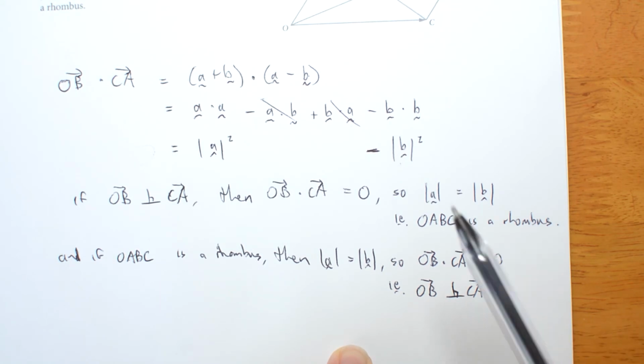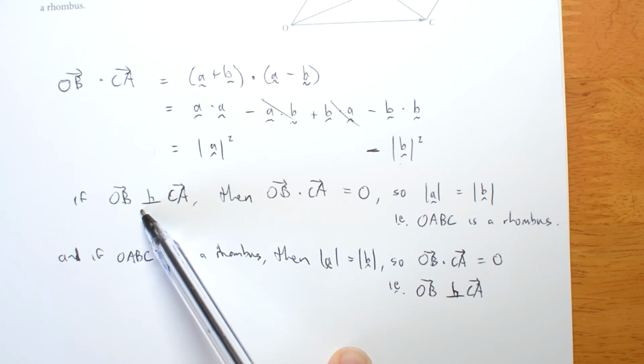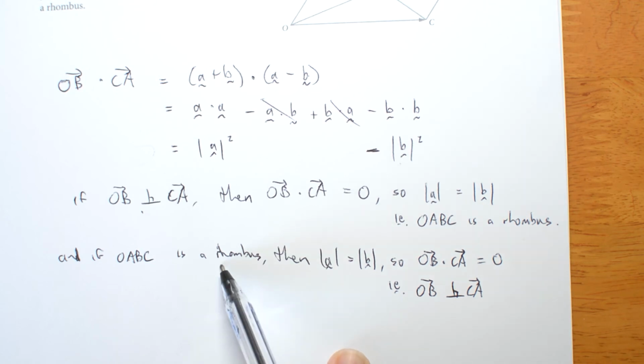So I have shown that if the diagonals are perpendicular, then I must have a rhombus, and if I have a rhombus, then the diagonals are perpendicular.